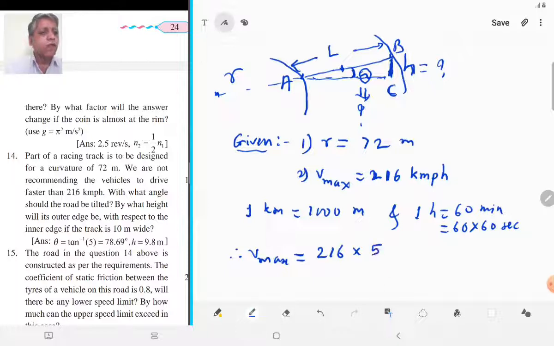That means to convert kilometer per hour into meter per second, we multiply by 5 by 18.